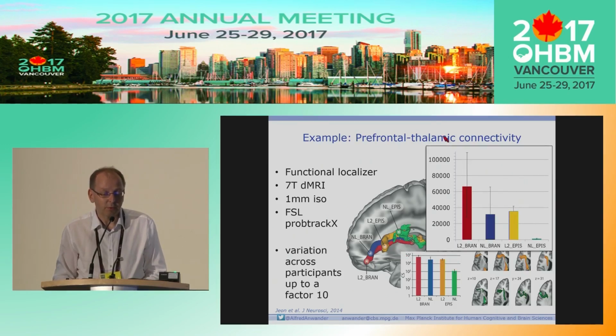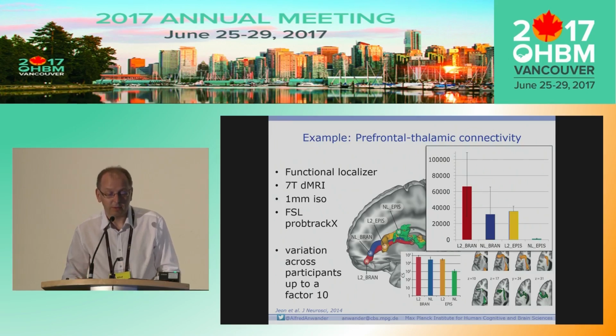But if you remove the logarithmic scale, then you see that this one has nearly no connections compared to the other one, which is at 100,000. And it's again a huge variability across subjects. So don't trust these connectivity values for comparison between subjects.